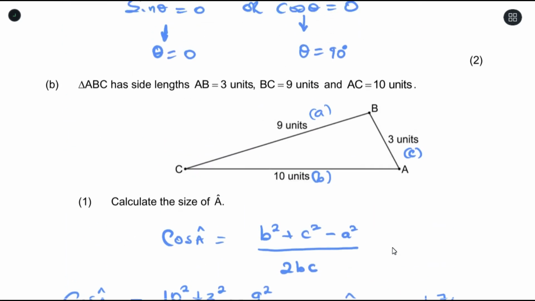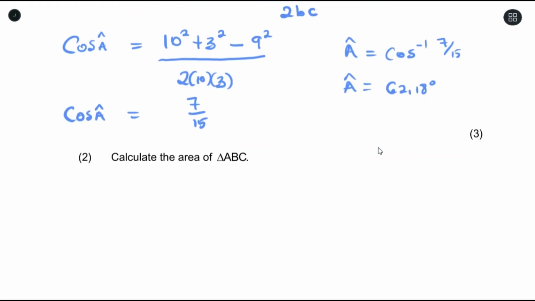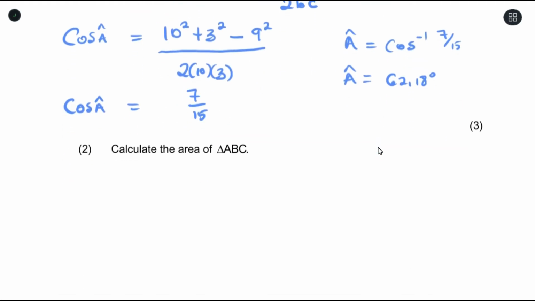Okay, now that we have this angle, which is 62,18, we can calculate the area of this triangle. Since there is no perpendicular height, we could use the area rule.